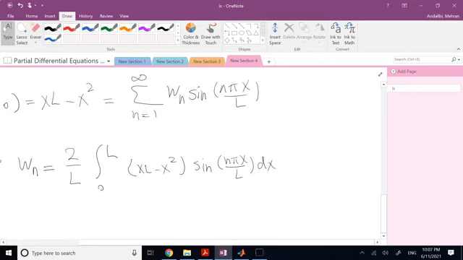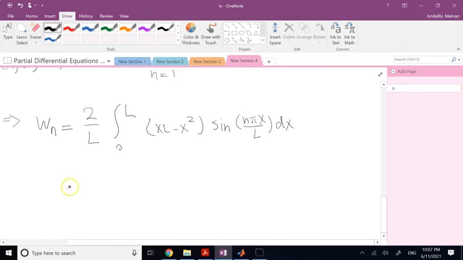Okay, definitely they are going to be function of n, and for them I have to basically do the dot product of the initial displacement with the sine functions. If this one matches any of these sine functions, then that coefficient will be maximum. If it is perpendicular to that sine function, that coefficient will be 0. In general, this is different than all of those sine functions, so none of those w's will be 0.